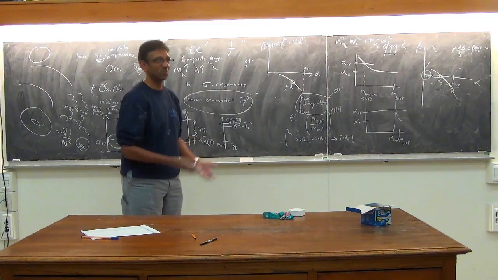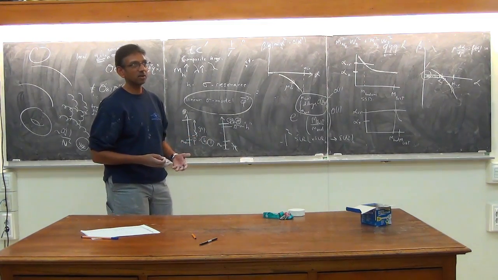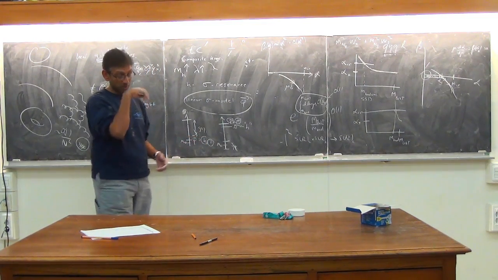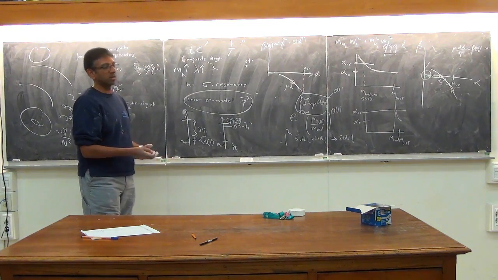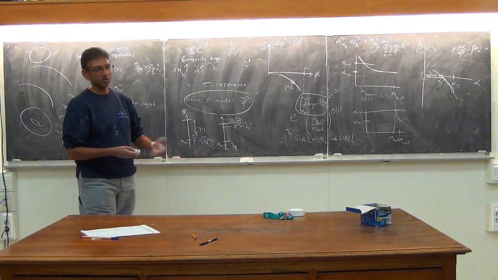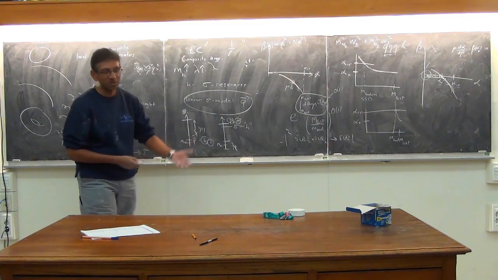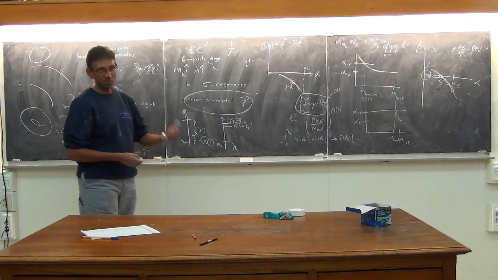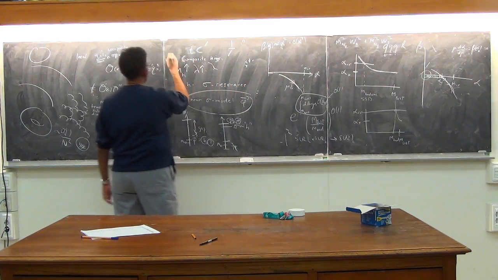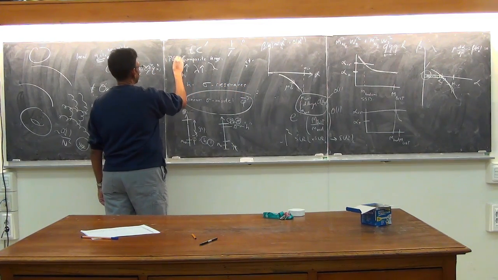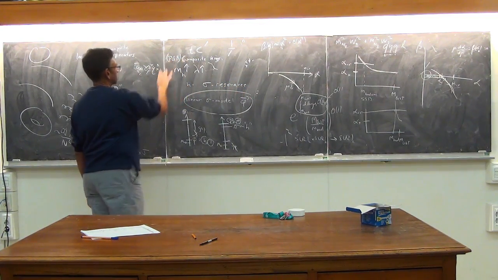A Goldstone boson in the real world would be massless if it was a real Goldstone boson. But if it's only an approximate Goldstone boson, because it's the Goldstone boson of an only approximate symmetry, then it has a small mass. So this Higgs is often also called PGB, for pseudo-Goldstone boson Higgs.